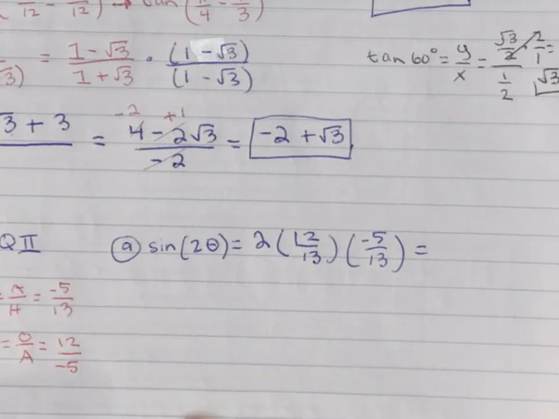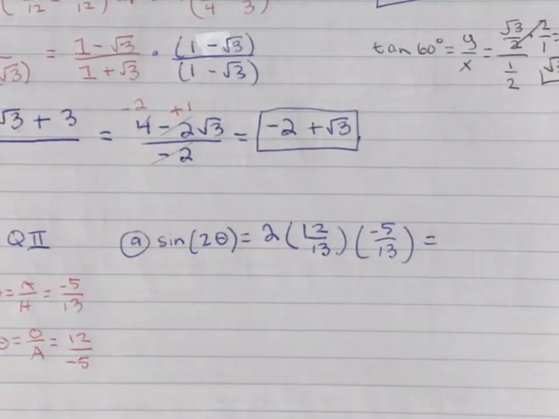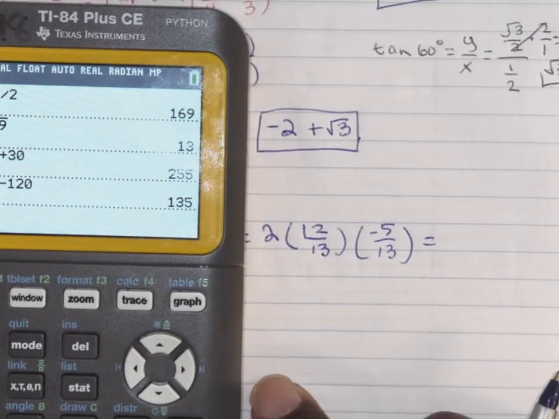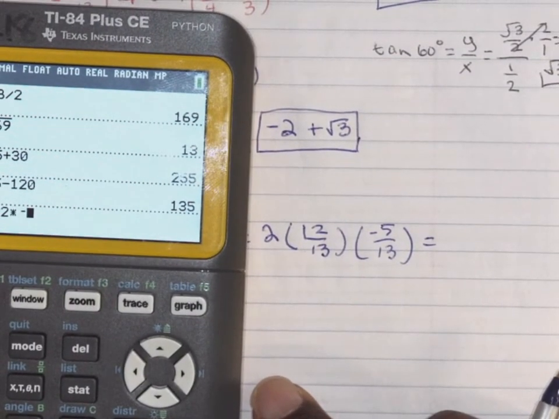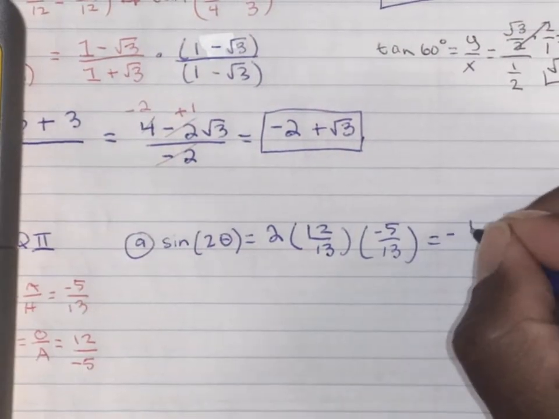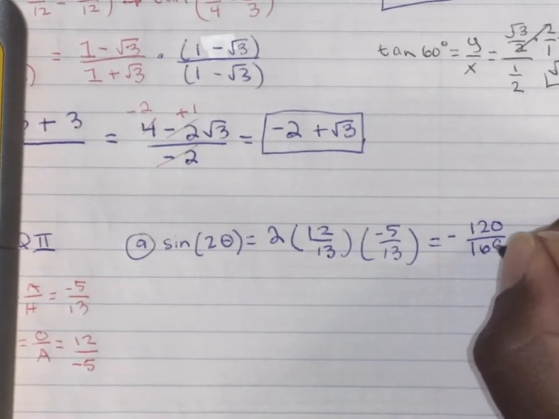I multiply across the top, and at this point, I can't reduce anything, so I'll get the simplest fractions I can get. So across the top, I'll just do 2 times 12 times -5, and I get -120 over 13 times 13, which is 169.